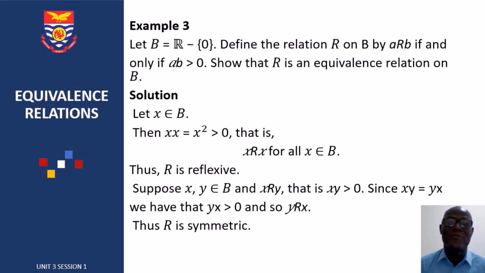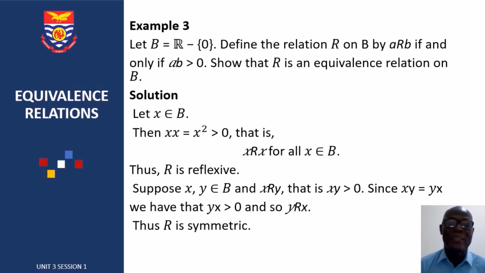If X is relating to itself, meaning we have X R X. So X takes the place of A, X takes the place of B. So that we have X R X equals X times X, which is X squared, which is greater than 0. And we can say that X is related to X for all X belonging to the set B. Then we can conclude that the relation R is reflexive.